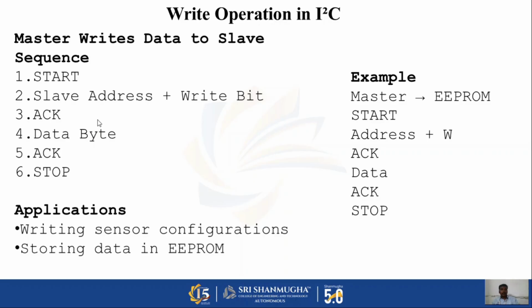Next, the master sends one or more data bytes. After each byte, the slave sends acknowledge. Once all data has been transmitted successfully, the master generates a stop condition. A common example is writing configuration settings into a sensor or storing information inside an EEPROM memory device.